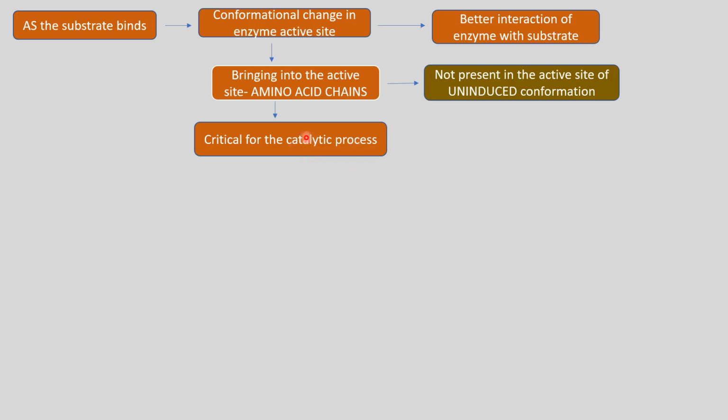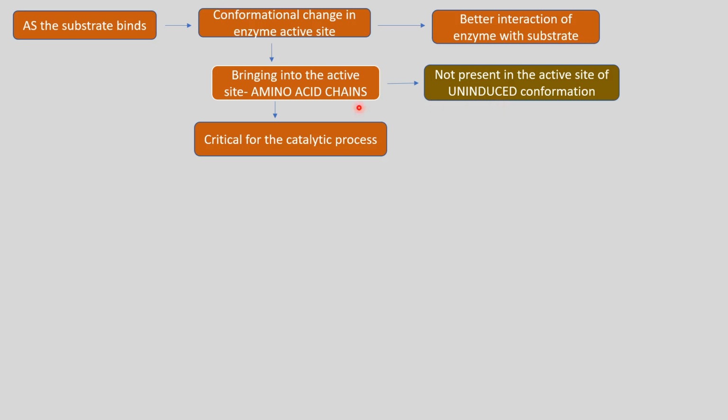For catalysis to proceed, this bringing of amino acids into the active site is very important, because these amino acids help in the catalysis process. But note that this amino acid chain that is brought in an induced enzyme is not present in the active site of the uninduced conformation.